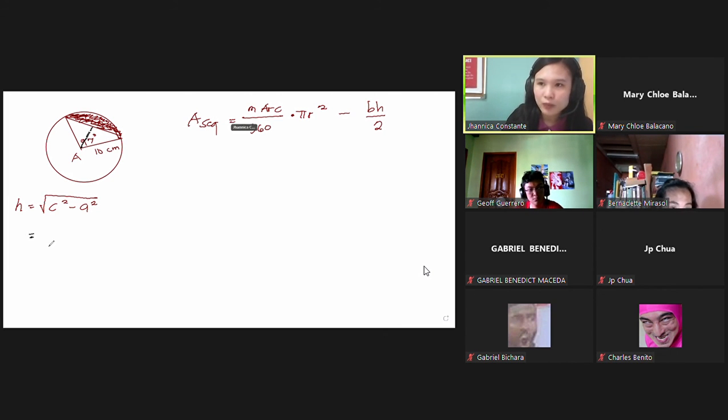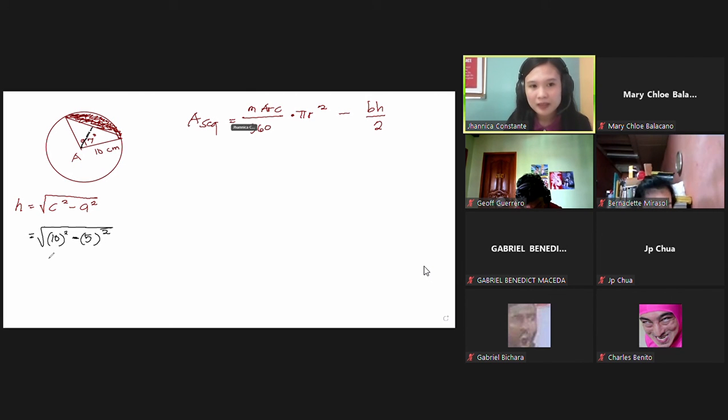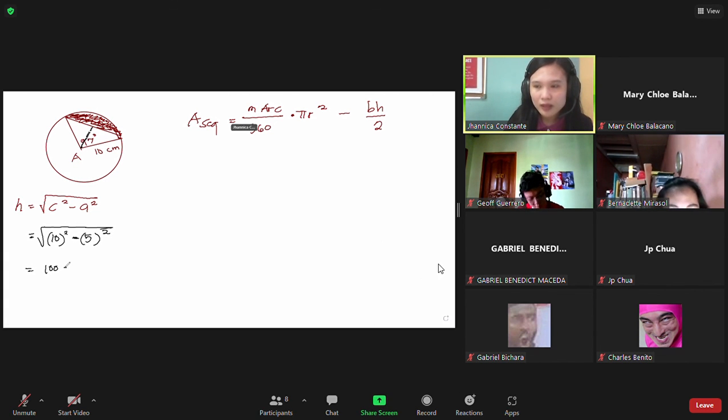So for the hypotenuse, it's equal to 10. So 10 squared minus half of one leg of the triangle, or half of the radius, which is 5. So 5 squared. Since the measurement of our radius is 10, half of the radius is 5. So 10 squared is equal to 100 minus 5 squared, which is 25.